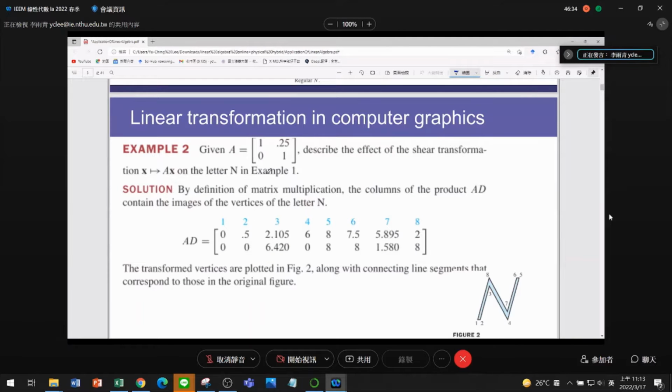And suppose we want to do some transformation, change of the shape. So we are given some matrix, and then we can describe the effect of the shear transformation on that letter in the example.